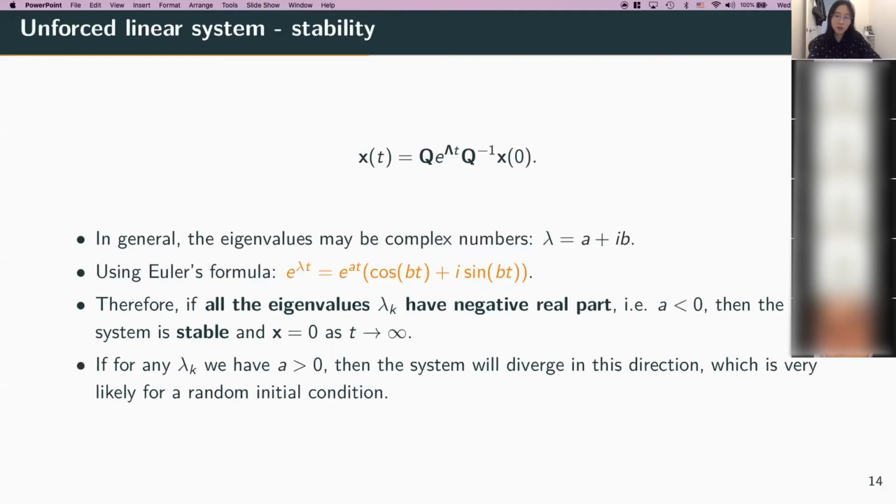And if we just pick a random initial condition, then it's very likely that it will have some component in this unstable direction, causing the system to diverge. And this is mainly why we need control. If we have control, it may be possible to regulate the eigenvalues of the system such that it won't go crazy.